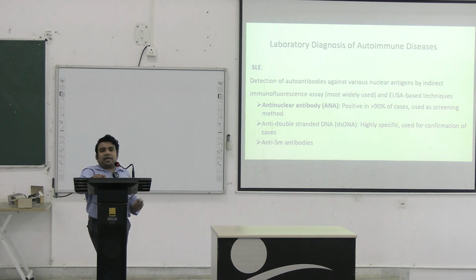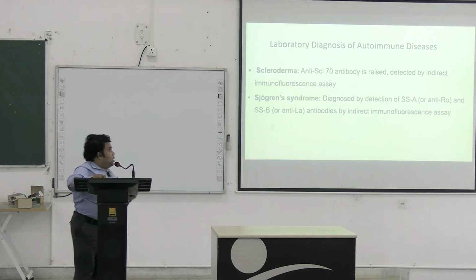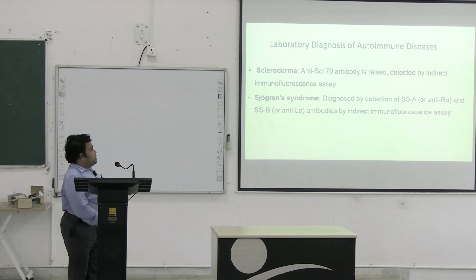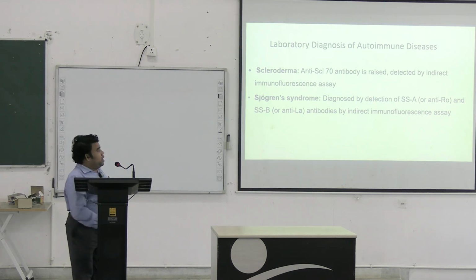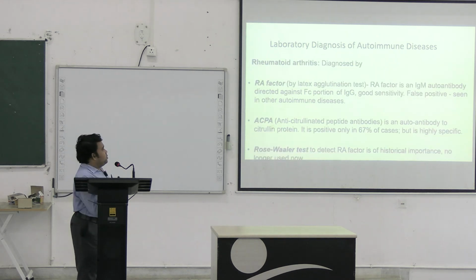In SLE, we can diagnose by detecting the presence of the anti-nuclear antibody and anti-DNA. Similar to SLE, in scleroderma, anti-Scl-70, and in Sjogren syndrome, anti-SSA or anti-Ro, anti-La antibodies can be demonstrated.